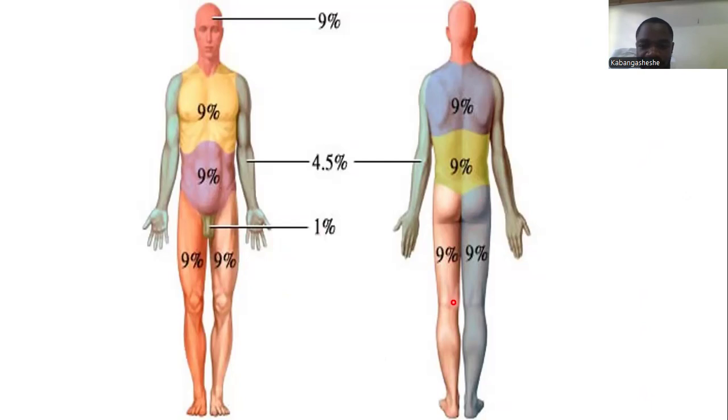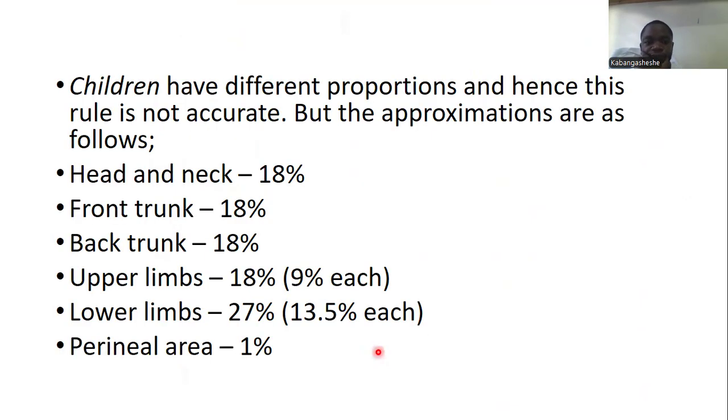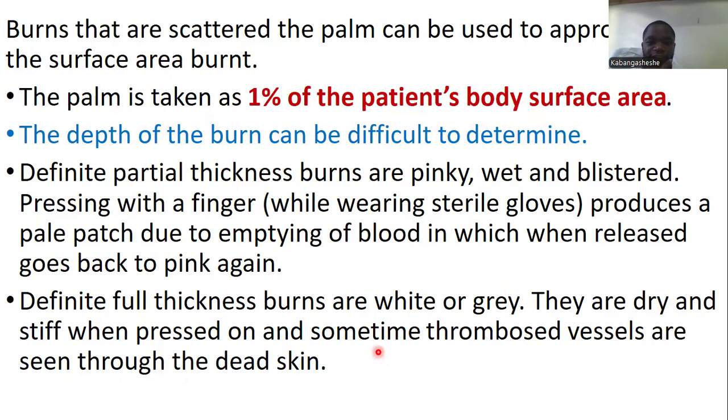Then the remaining, because if you add 9, 18 front, 18 back, 18 for both hands, and 36 for the two lower limbs, that comes to 99. The remaining 1% goes for the genitalia. All right. So total will be 100 for the entire body surface area.